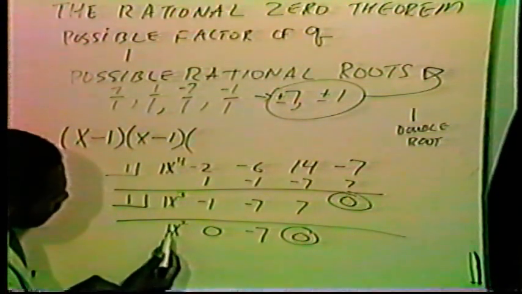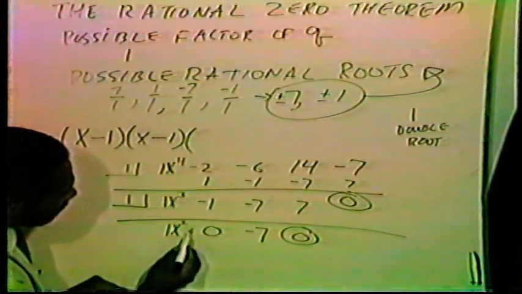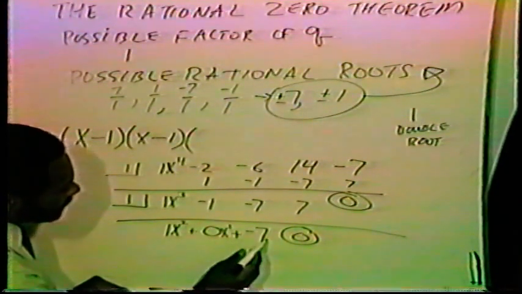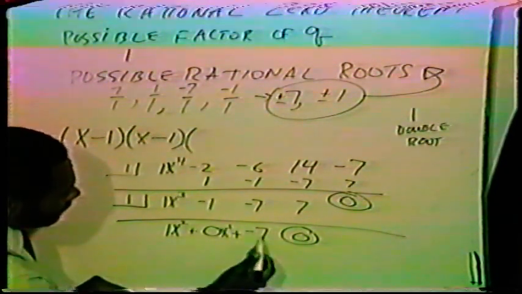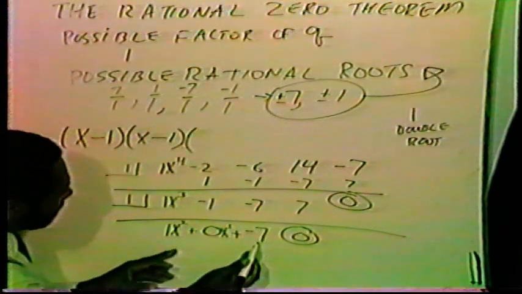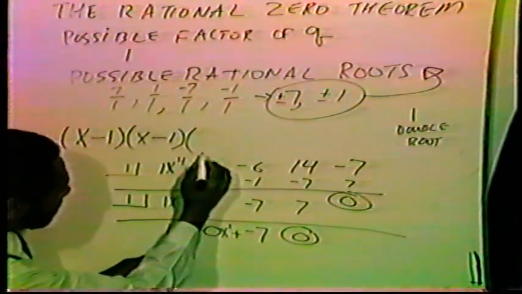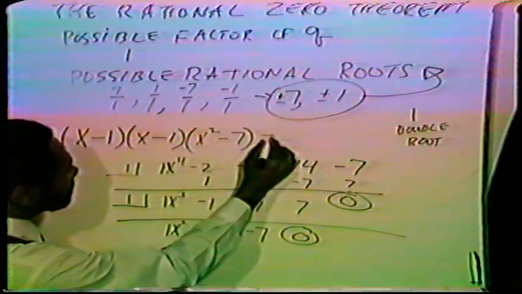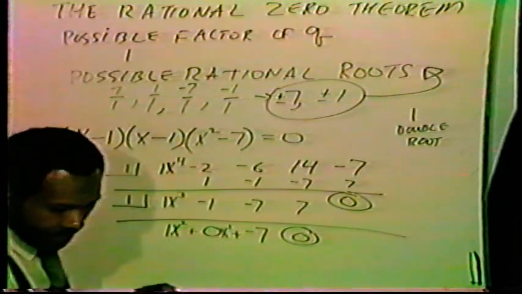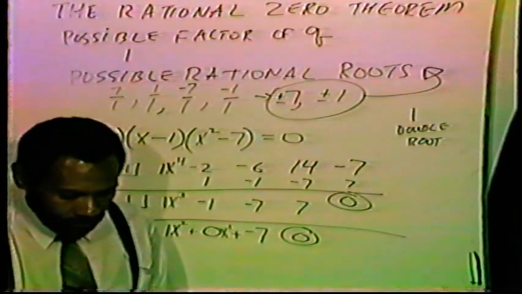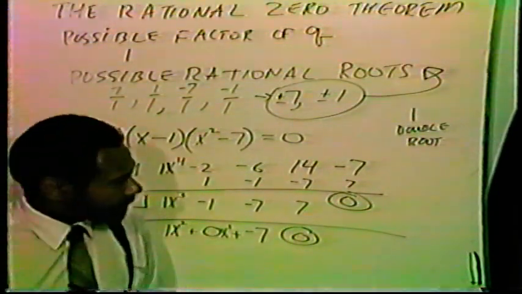So that means that this is 1x to the 2nd power plus 0x to the 1st power plus negative 7x to the 0 power, which is the same as just plain negative 7. So that means that for the rest of the factorization here, we would have x squared minus 7. So that gives us a partial factorization for our polynomial equation.